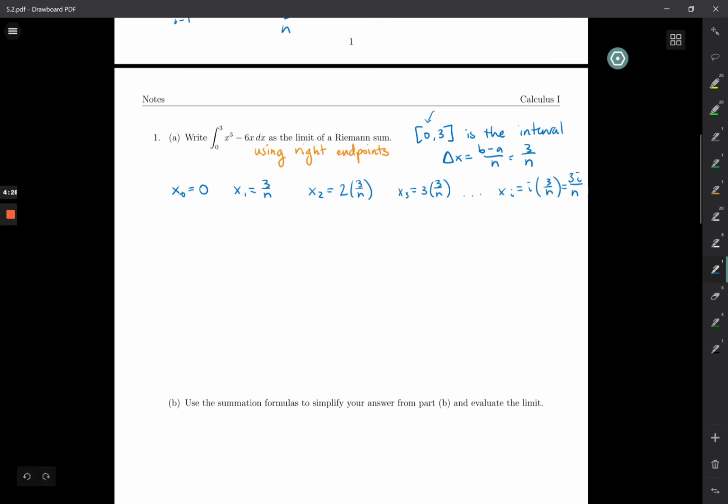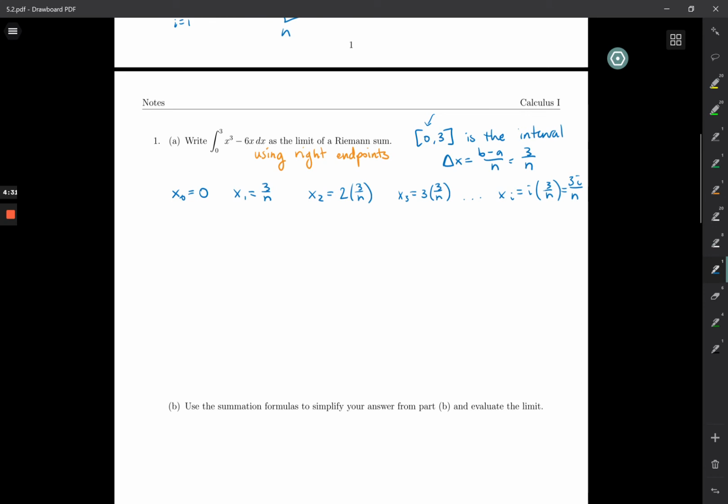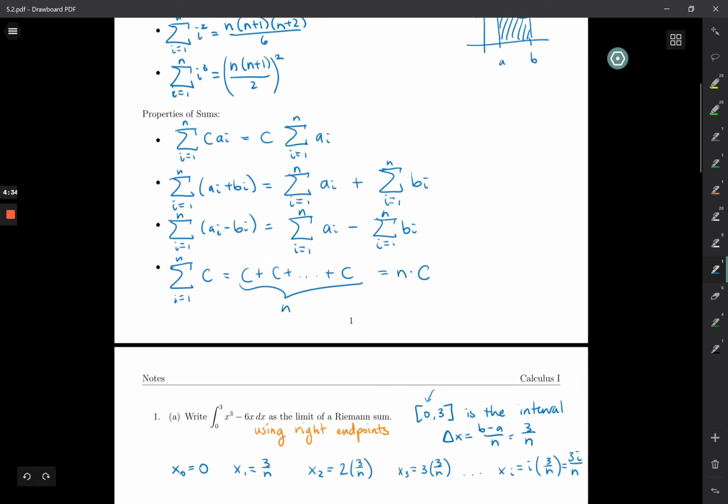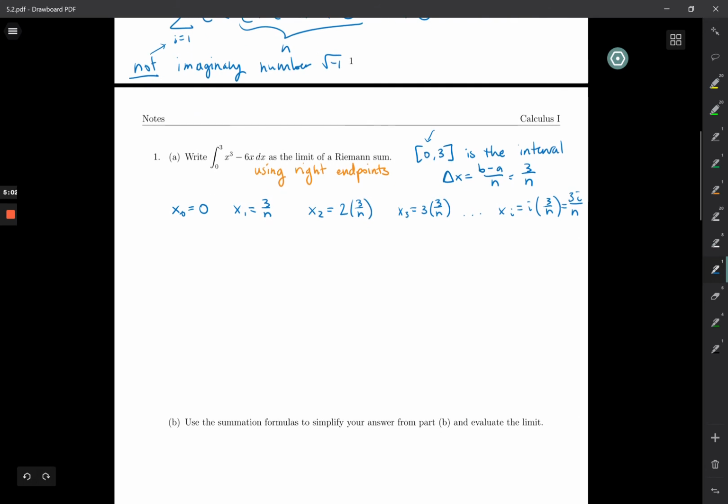And I did realize I have been using i, and notice that in these formulas, this i is not the imaginary number that is equal to the square root of minus 1, okay? So be careful of that. I am just using it as a natural number. And we use i because of index, because it's the first letter of index. So hopefully don't get confused about that.